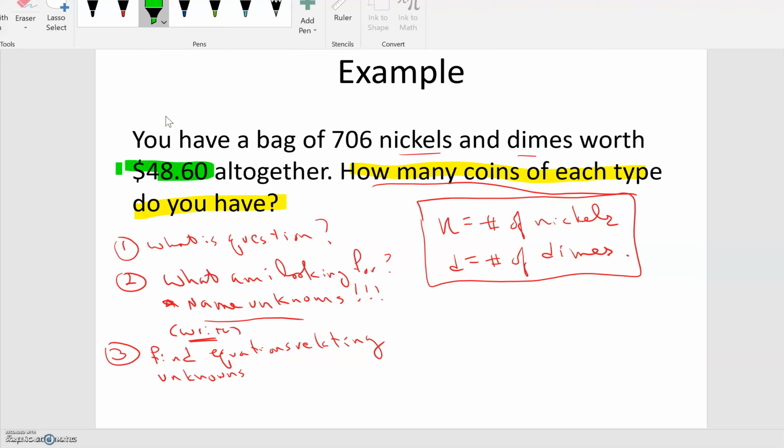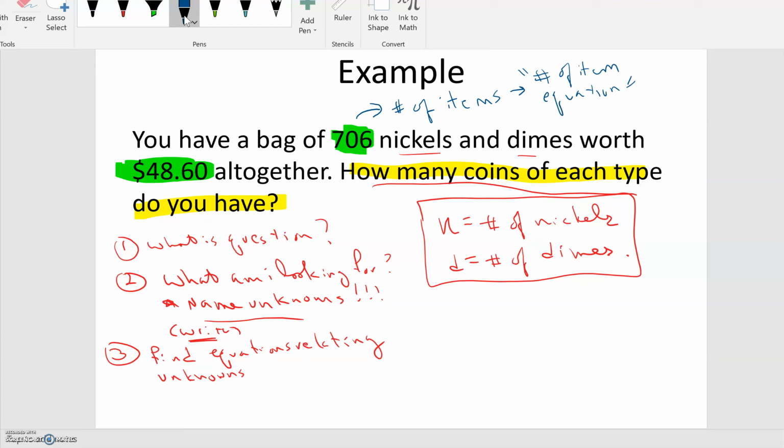Here's a value, and here's another value. What are these things related to? This value is related to number of items, so I can probably write a number of items equation. Being explicit about what kind of equation I'm going to write helps me write that equation. Whereas this is a monetary value, so I can probably write a monetary value equation that uses each of these things, okay?